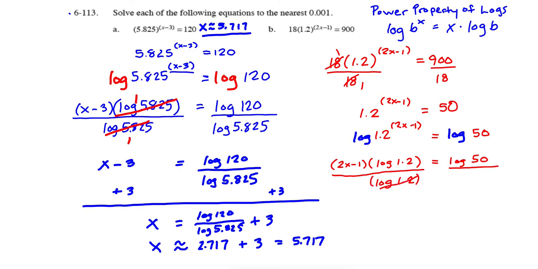Remember, same factors, so we've got 1 over 1, leaving us with 2x minus 1 equals the log of 50 divided by the log of 1.2.